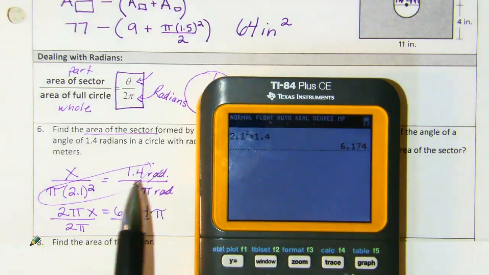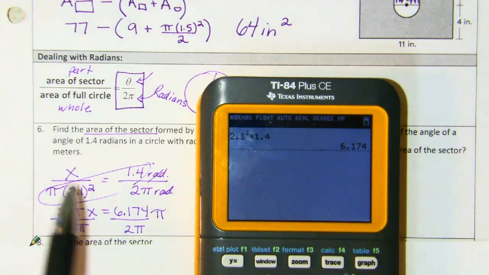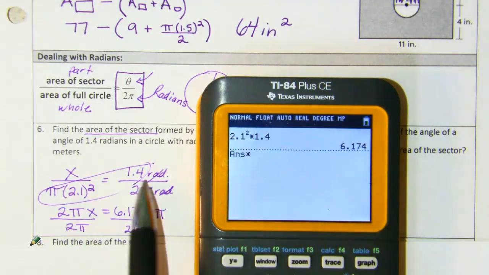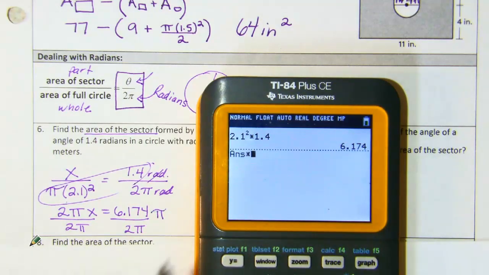Okay, now I have written out, I cross multiplied, so I have 2 pi x equals, and you can see on my calculator over here that I have that, only I left the pi's in there. Now the reason why sometimes we leave the pi's in there, because you can see right here, this pi and this pi will cancel out. So this cancels out to leave x, so I just have this number over here divided by 2.